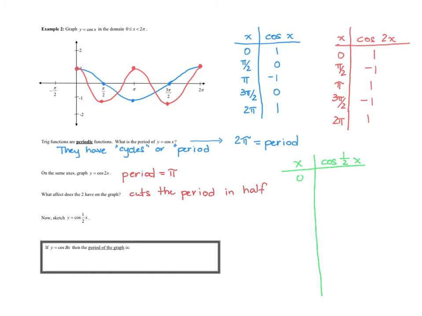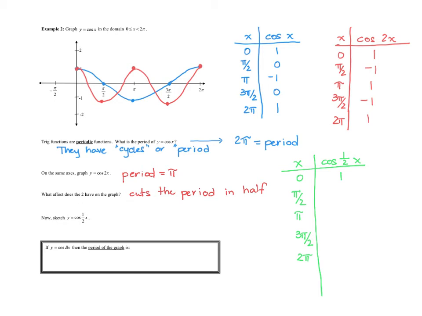And I'm going to go with my critical points, so 0, pi over 2, pi, 3 pi over 2, and 2 pi. So if I put in 0 for x and multiply by 1/2, that's still 0, and the cosine of 0 is 1.